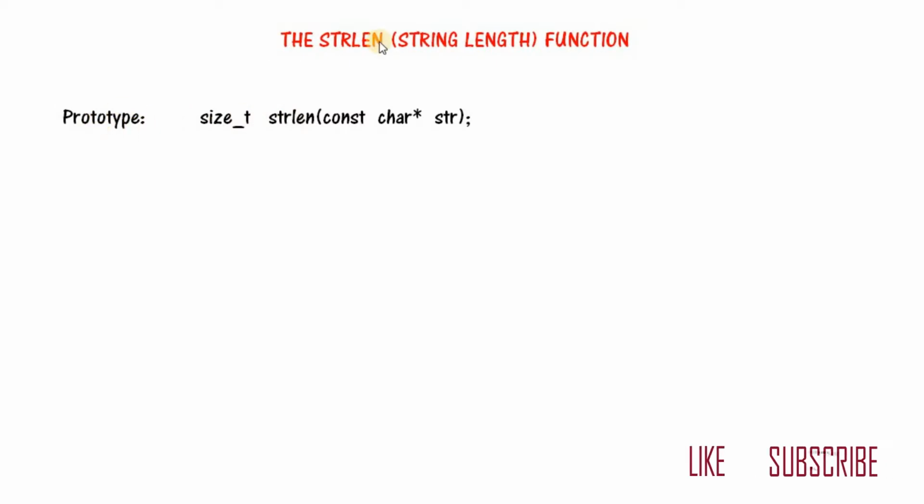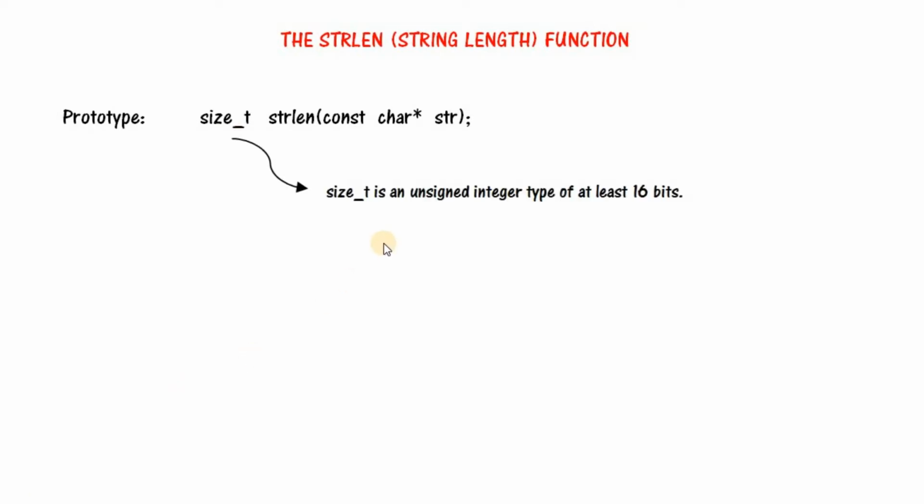The prototype of the strlen function, or string length function, is as follows: size_t strlen(const char *str). You might ask me this question: what is this size_t? Here, size_t is simply representing an unsigned integer type of at least 16 bits.